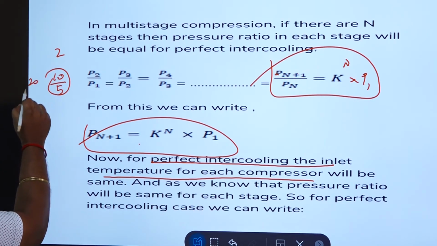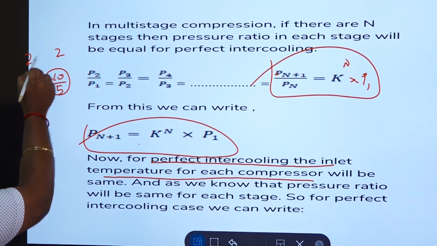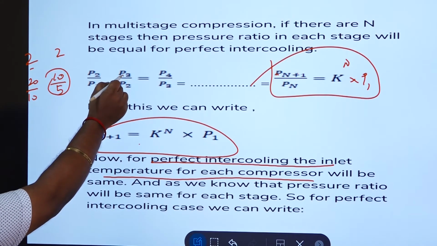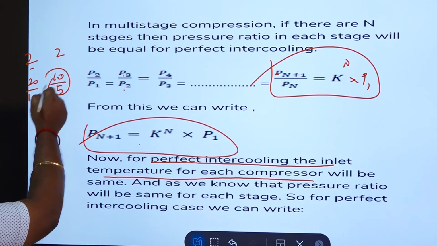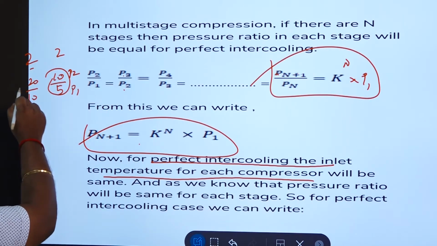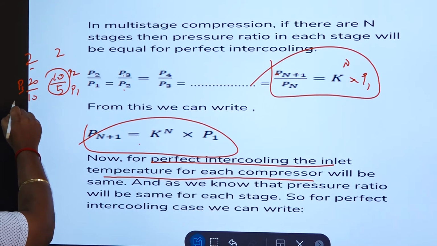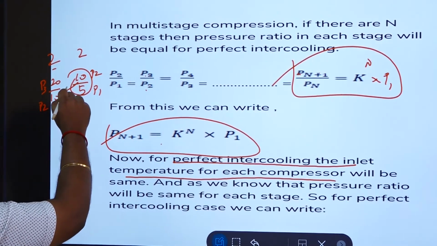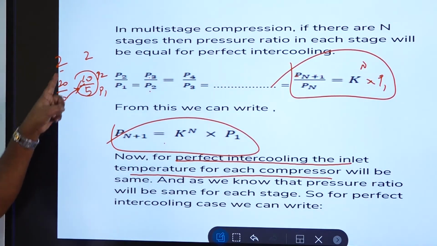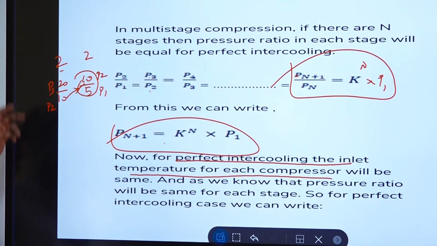The other may be 20 by 10, which is also 2. P2 remains the same, so P3 by P2 is 20 by 10, and you get the same value.